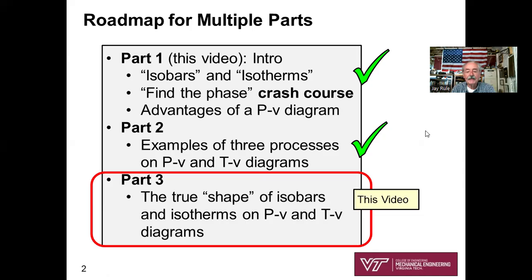So this part three has to do with going back, now that you're more comfortable with problem solving, and diving down a little bit more into the mathematical relationships. I think this can have a lot of value for those folks that are contemplating maybe going to graduate school. It's these types of subtle things that we address at the graduate level.